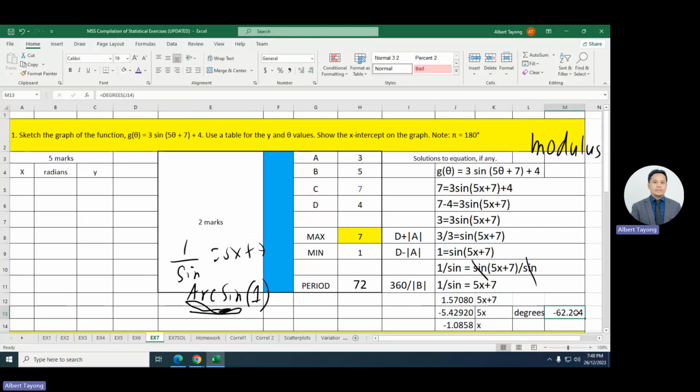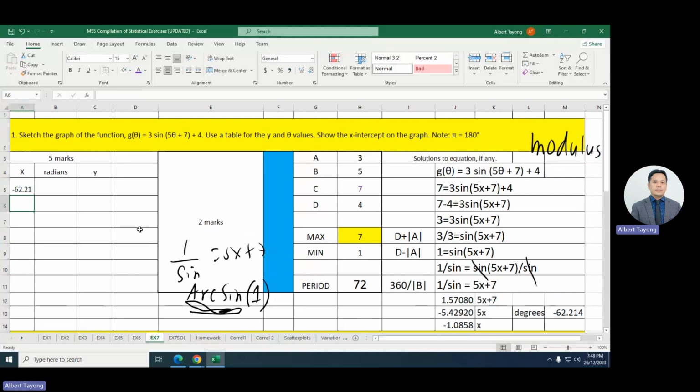Degree again equals DEG, degrees of this. So negative 62.214. Okay, is that fine? So put it here. The first x equals, select the degree.